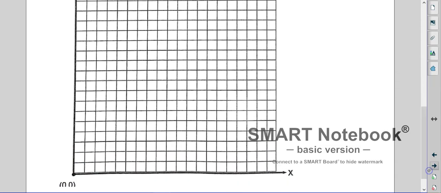So first off, it's a good idea to see how many spaces we have. Count up real quick. And I'm going to count by 100s. But I'm only going to write every 200 because it will get crowded. So here's 200, 400, 600, 800, and here's 1,000. Okay? And same thing here.